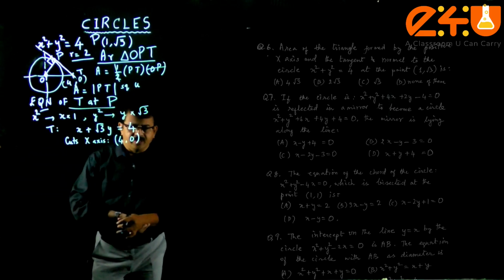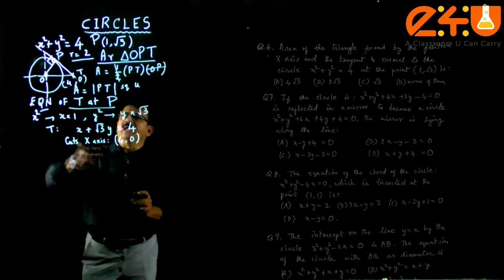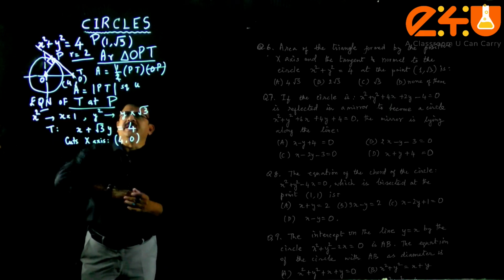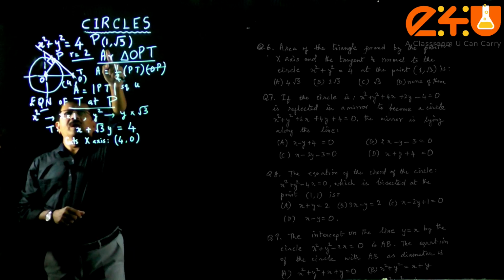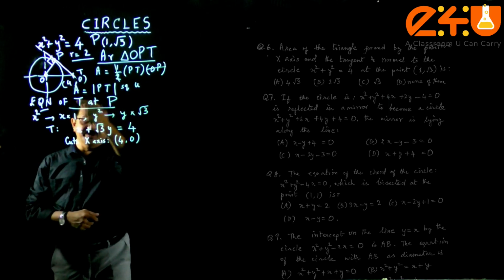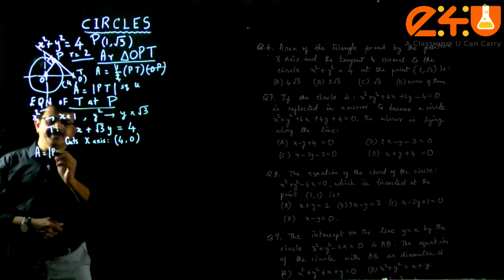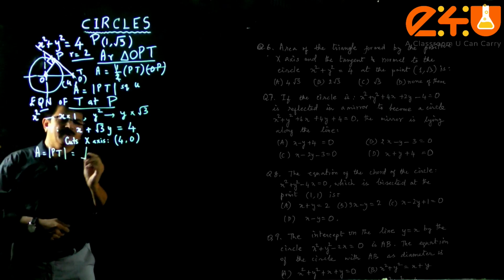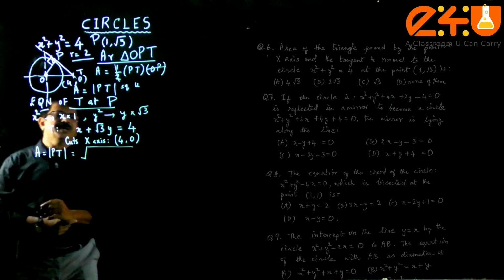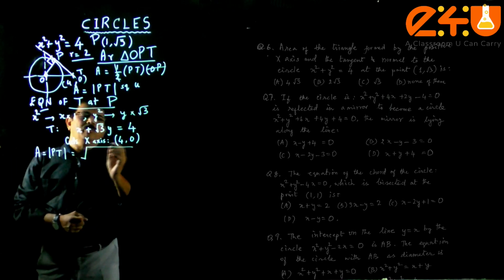So now it is quite simple to find out the length PT. It is the distance between 1 comma root 3 and 4 comma 0. So the area is nothing but length PT, and that's nothing but the square root, applying the distance between two points formula.